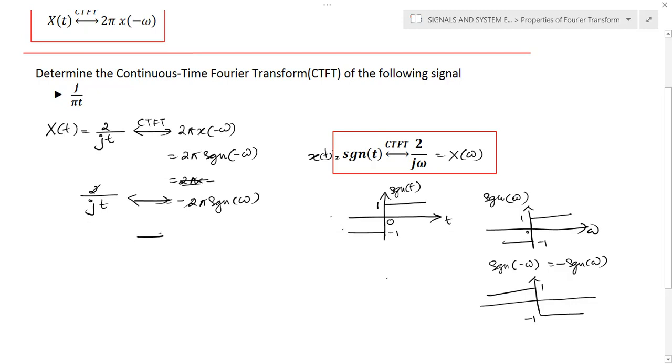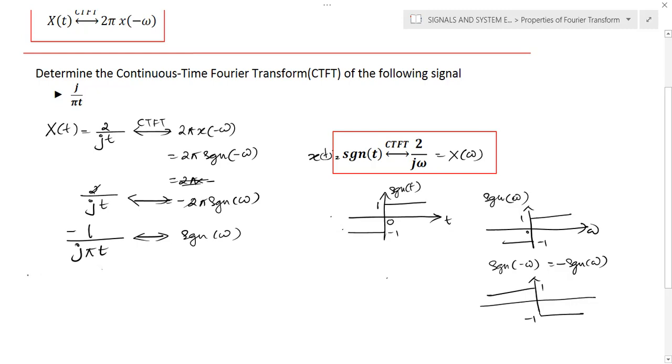So I can write signum omega at the right side, and the remaining quantities I can write here. So there is one minus. So minus, and here it is j, and here it is pi. And the only difference is that the j is in the numerator. So if you multiply j, the numerator and denominator, you will get j square in the denominator and j in the numerator, and minus will cancel.